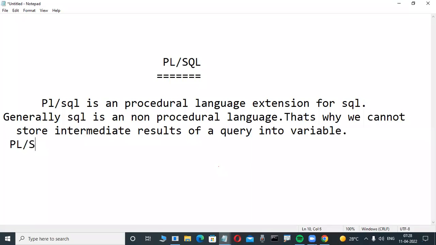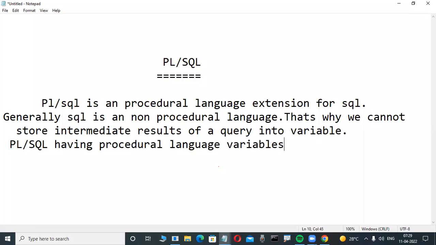PL SQL, having a procedural language, has variables. Variables are there, same like in C++ and C language, no?